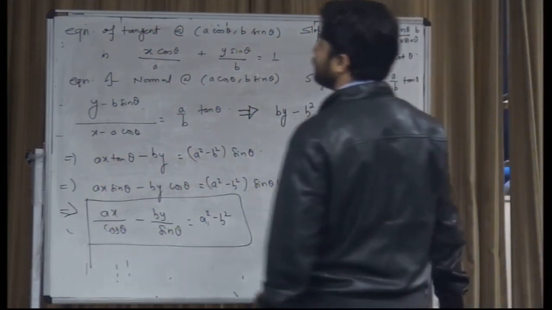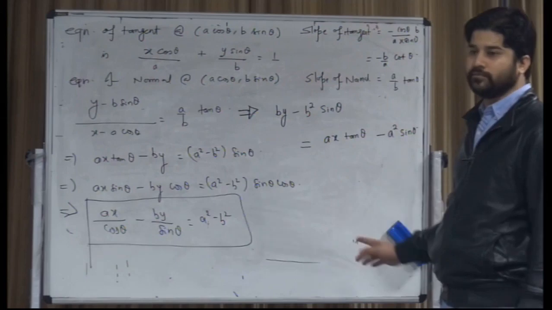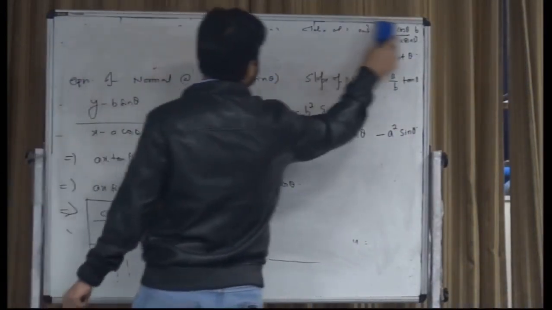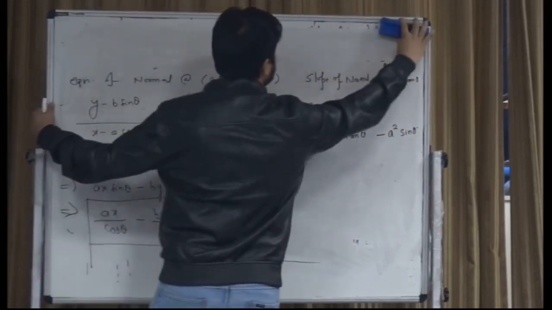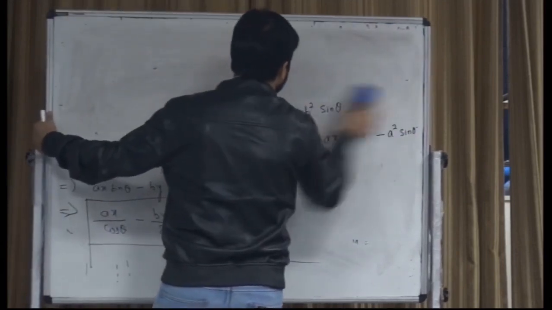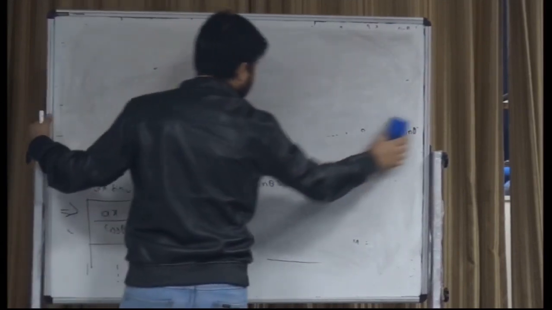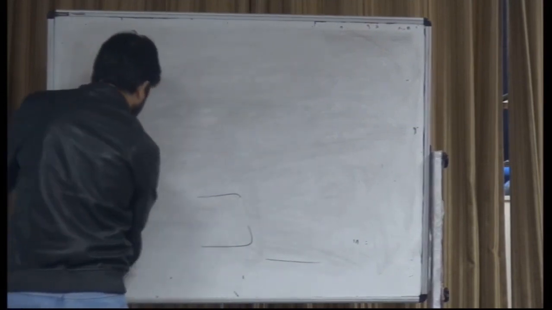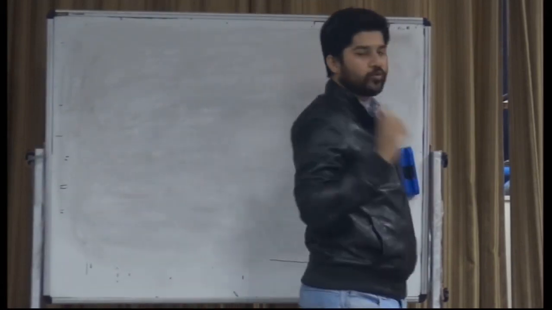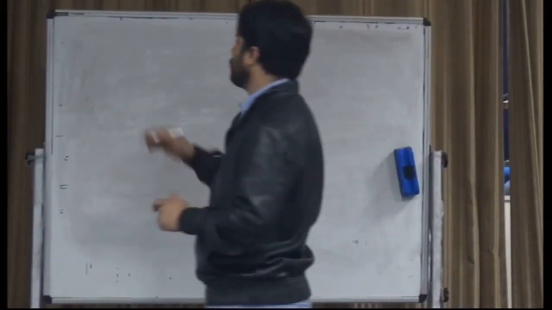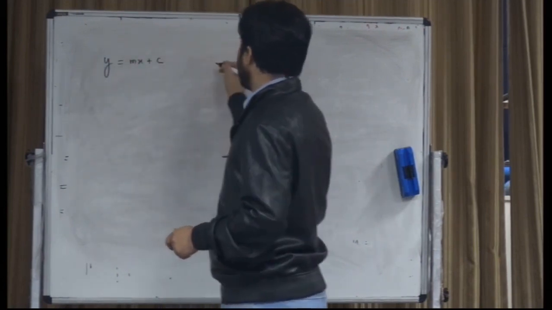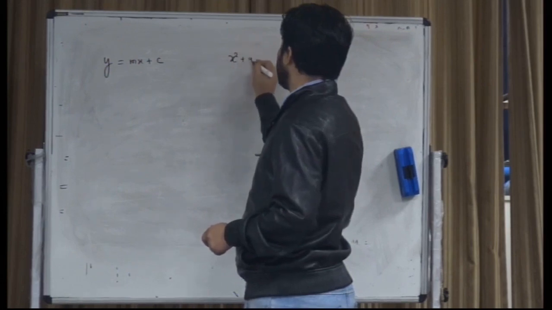Should I rub it off? Okay. What was the condition of tangency for y is equal to mx plus c becoming tangent to x square plus y square is equal to a square?